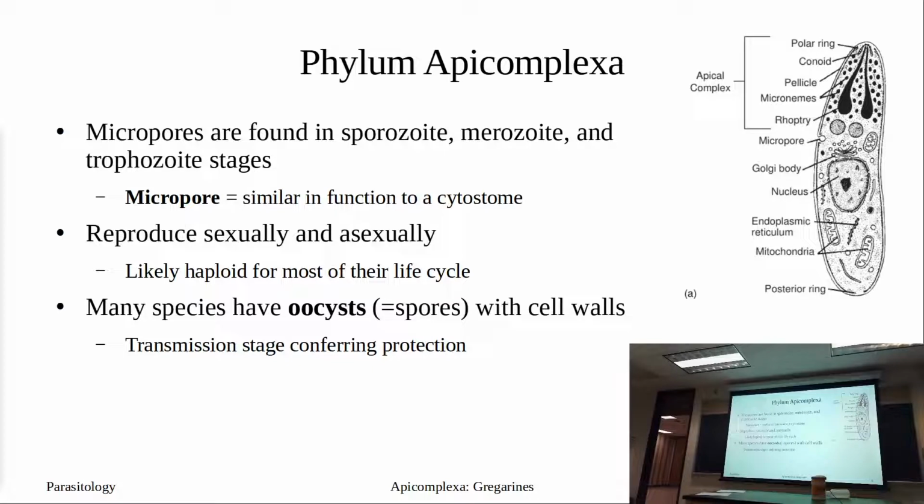Members of this group reproduce sexually and asexually. And there's a bit of clarification here. We're not dealing with ovaries and testes and so forth. What we're dealing with is chromosome number.